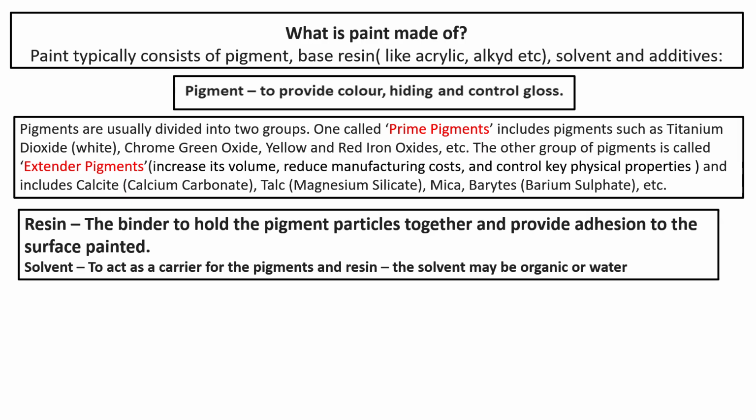If painting is not there, due to the corrosive environment a lot of rusting will take place, equipment thickness will be reduced, and the equipment will fail. So paint will help us to protect this equipment from external corrosion. That is very important.